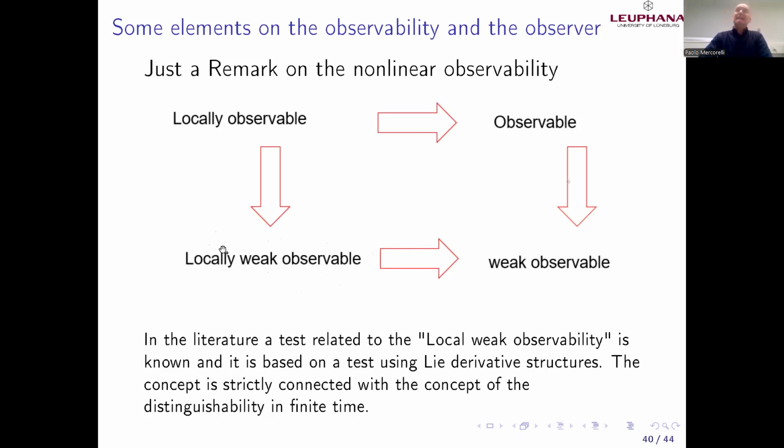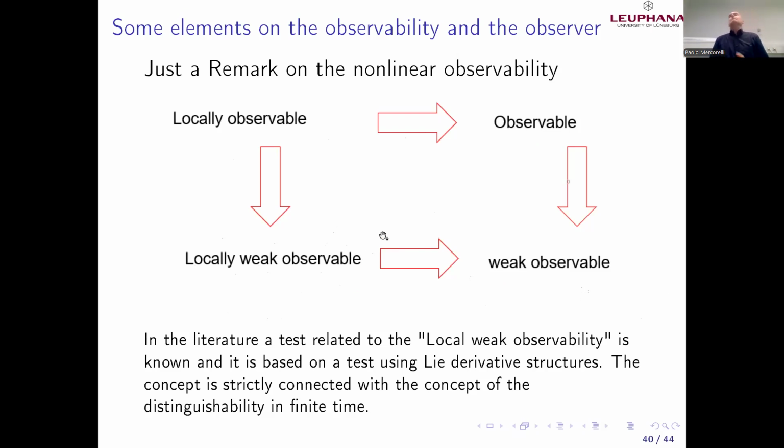I clarify what I intend, and this implies weak observable. Theoretically, 4 possible definitions; practically, again, we have just a test for this one. Practically means something which we can use.